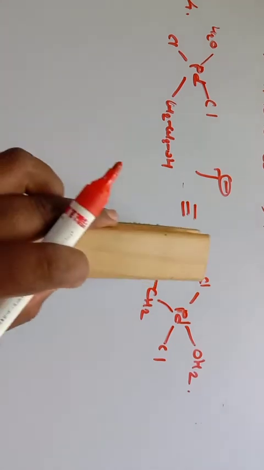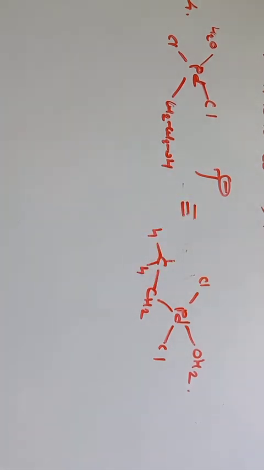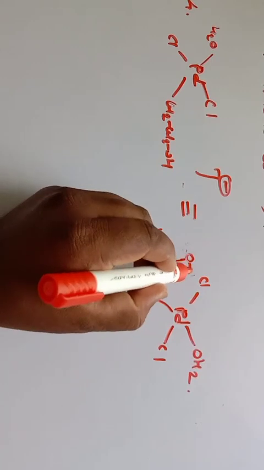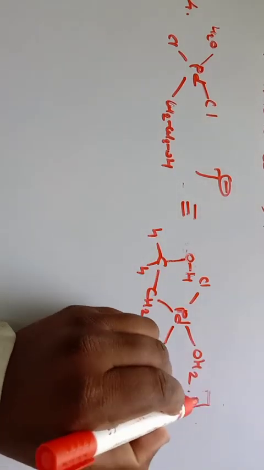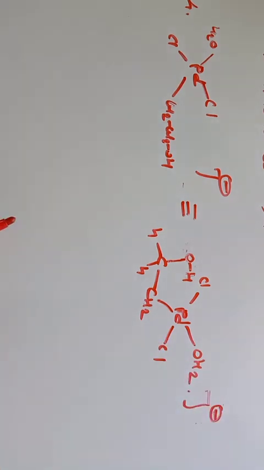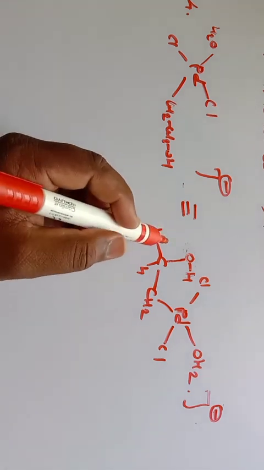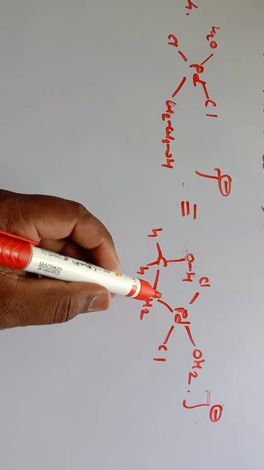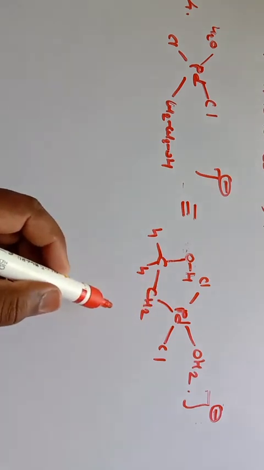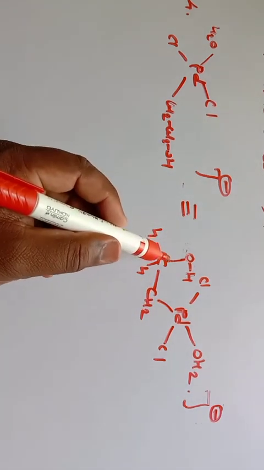We can write this as OH. So this complex is written like this. Okay, so what happened in this case? The same molecule is written in this fashion, that is Pd having two chlorine, one water molecule, and the CH2CH2OH, to understand the mechanism.